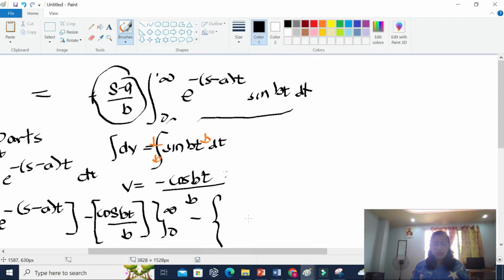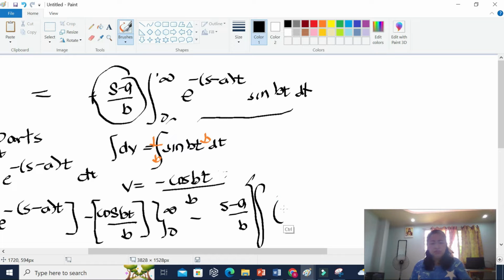So, v, ay, kulang pa rin, okay? So, s minus a over b, the integral of negative cosine of bt over b multiplied by du, you know?